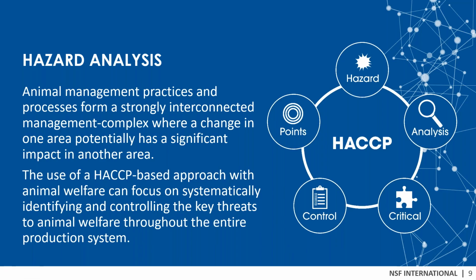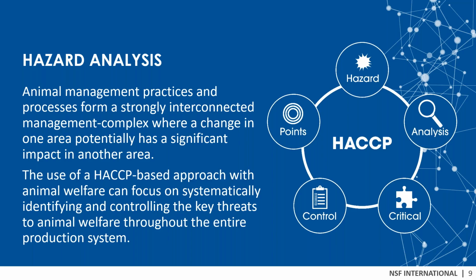Okay, so when we look at it from the hazard analysis perspective, what's really important to keep in mind, and it becomes really clear when you start trying to work through this hazard analysis, is that a lot of times animal management practices and processes are directly intertwined with something else.